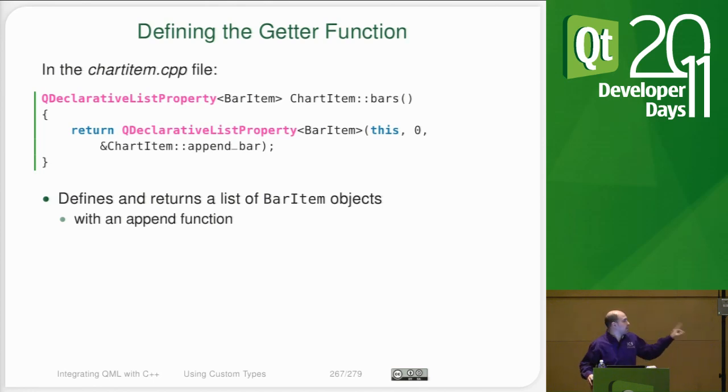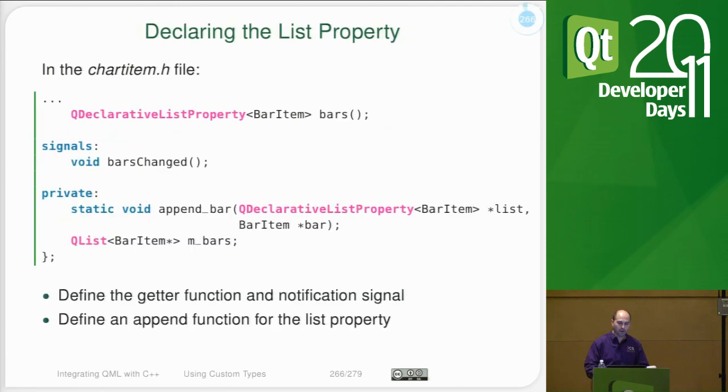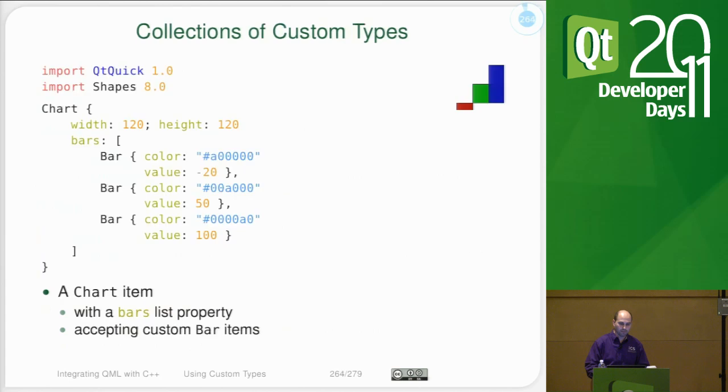The QDeclarative list property is a little complicated because it is a template, so it takes in the type of which it contains. It takes in a pointer to the parent, and it takes in a function pointer to append to. So that's how it's going to know, when you call bar, bar, bar, how to append, append, append onto the list.